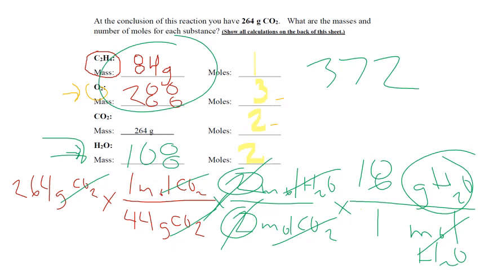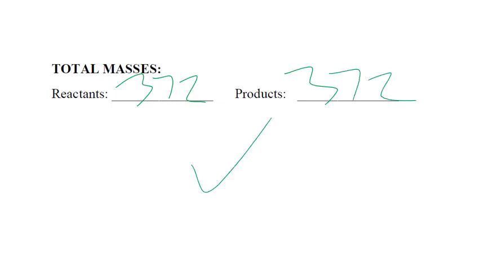How am I going to find the total masses of the products? Add this right here. 264 plus 108 equals, wouldn't you know it, 372. Awesome sauce. I go right here, 372, 372. I did it. I'm amazing. Some important information there. You have to balance things right to make it work, okay? Very important.